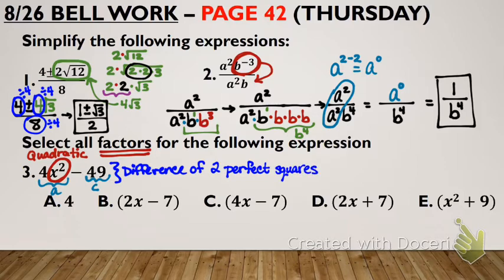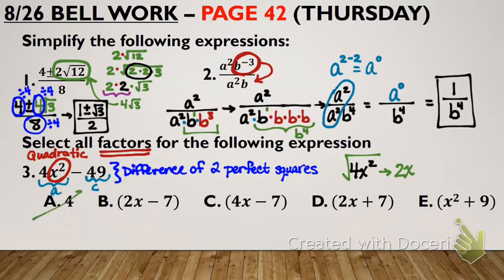When I have a difference of 2 perfect squares, the way I factor that, the way I figure out what multiplies to give me that, is that I will take my first term and I will square root it. So 2, and what's the square root of x squared? 2x. So my factor I know has to have a 2x in it.